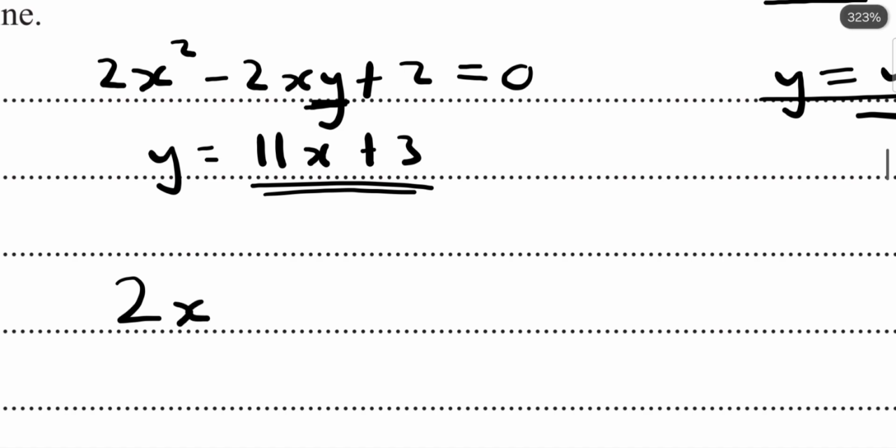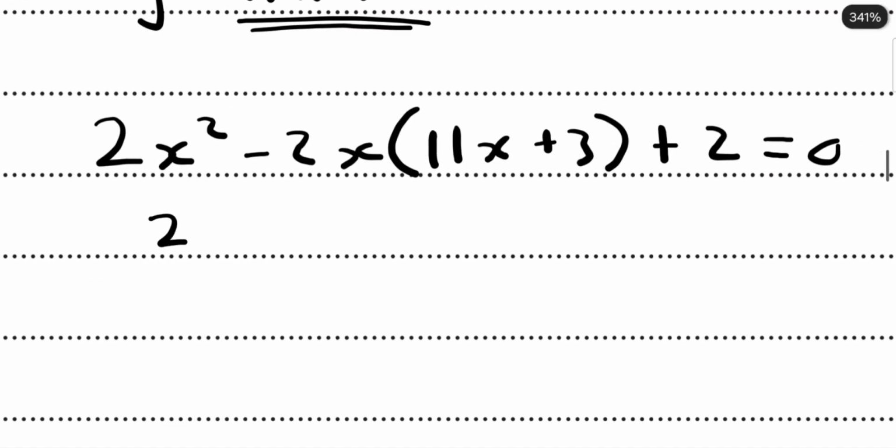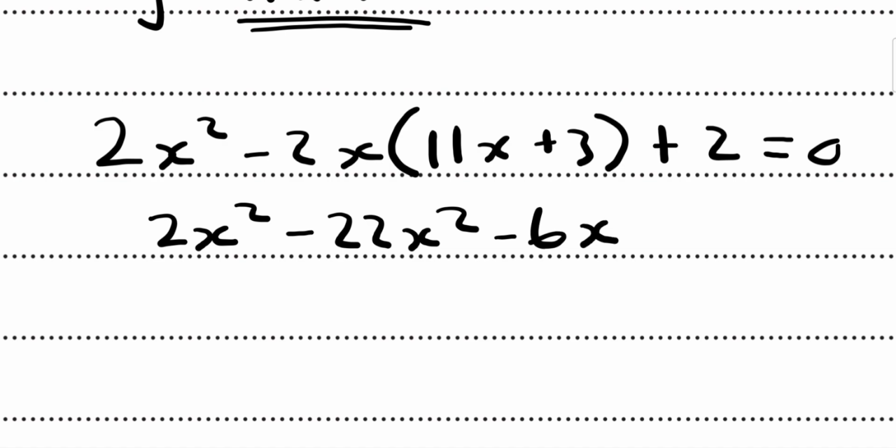So 2x squared minus 2x, in place of y we put 11x plus 3, plus 2 equals 0. So 2x squared minus 22x squared minus 6x plus 2 equals 0.